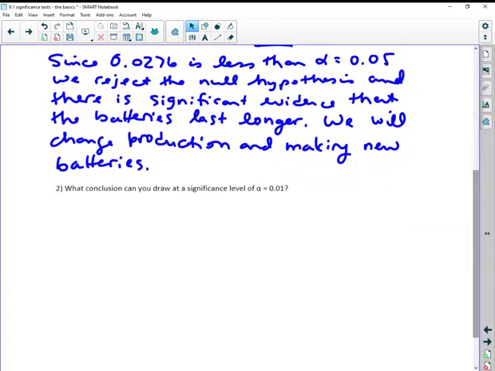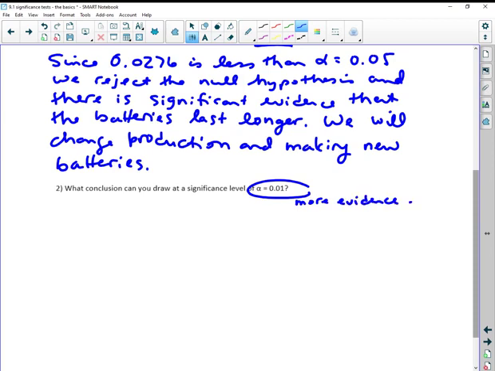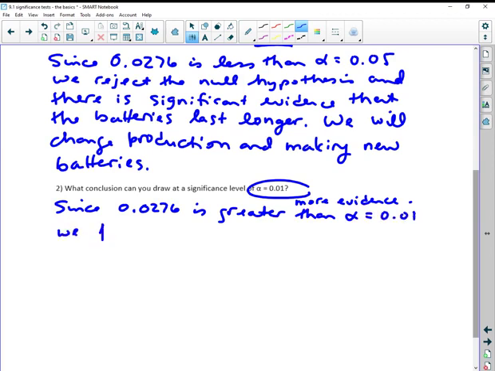But what if we want more evidence? We don't want it just at the 0.05 level. We want more evidence before we change our whole system. So maybe this person says, I want it at the alpha equals 0.01 level. Well, in that case, since 0.0276 is greater than alpha equals 0.01, we fail.